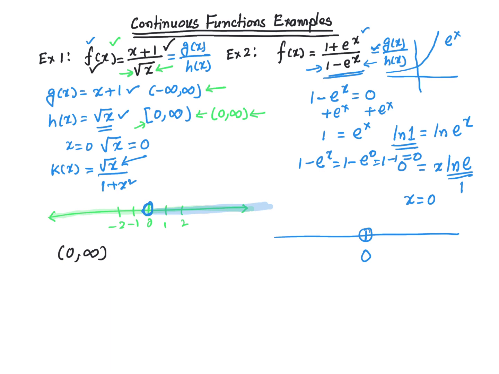So it becomes everything to the right and everything to the left, excluding the point 0. The domain for this function is going to be from negative infinity to 0, excluding the 0, union 0 to positive infinity.